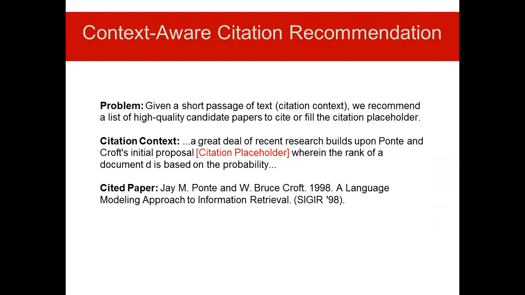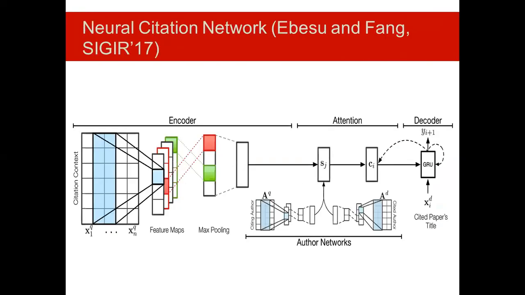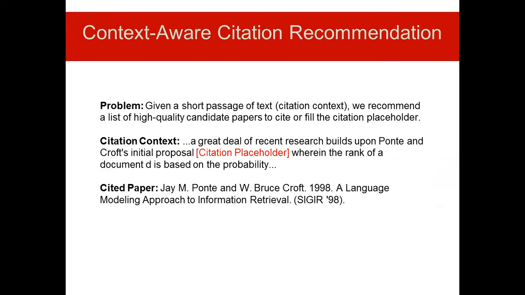This work will automatically recommend the candidate reference to cite given the context of that citation. This problem can be formulated as sequence-to-sequence learning, right? The input would be the context, what you wrote before this citation, and then the output would be the cited paper.